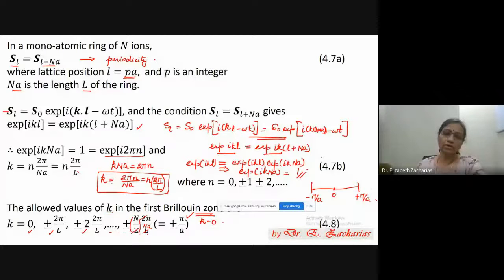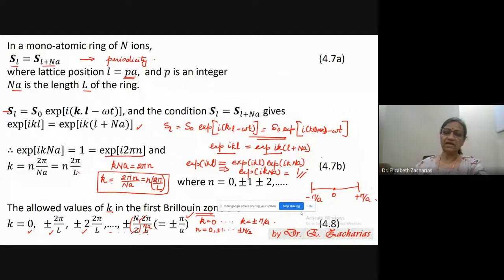you reach k equal to plus minus pi by a. And how many small n's did you have? Corresponding to small n equal to 0, plus minus 1, you went on till you reach plus minus capital N by 2.